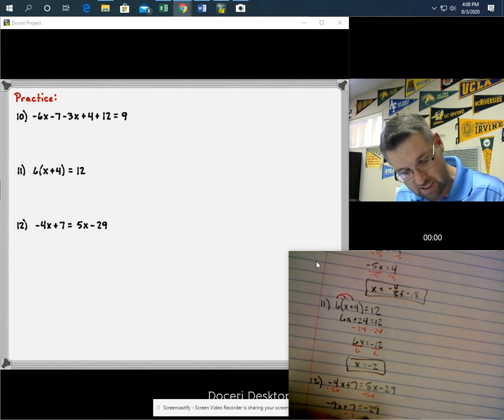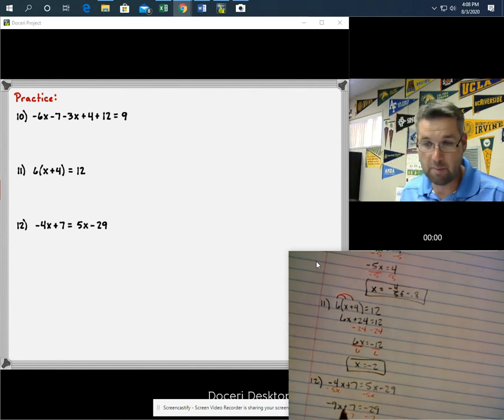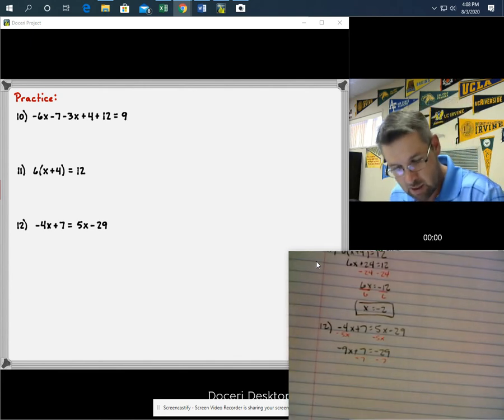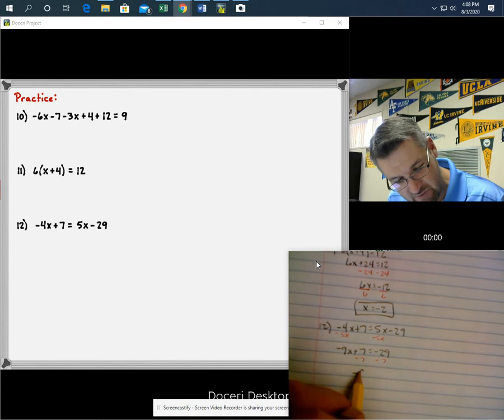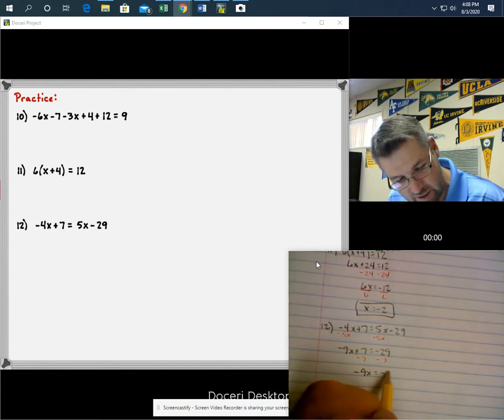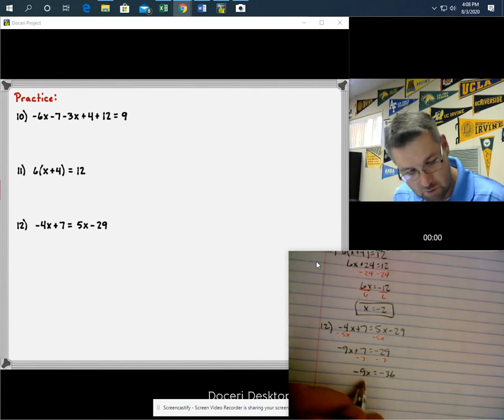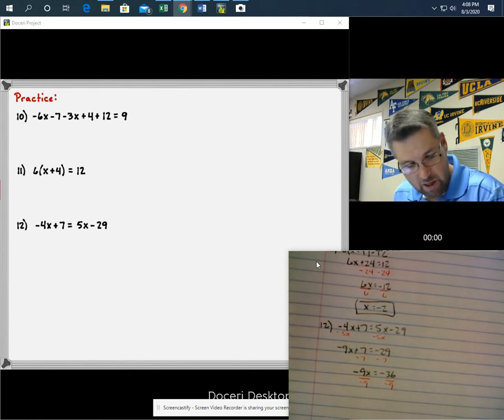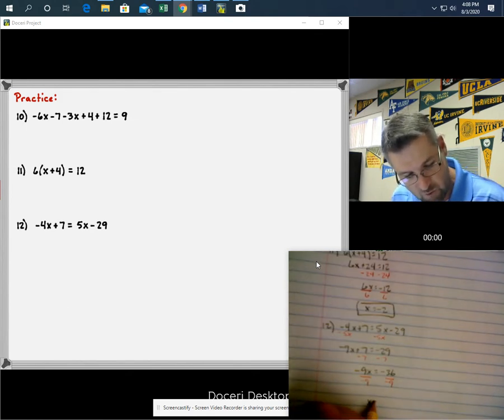And then we're going to subtract 7 from both sides because the opposite operation of adding 7 is subtracting 7. So we end up with negative 9x equals negative 36. And then we'll divide by negative 9, and we end up with x equals 4.